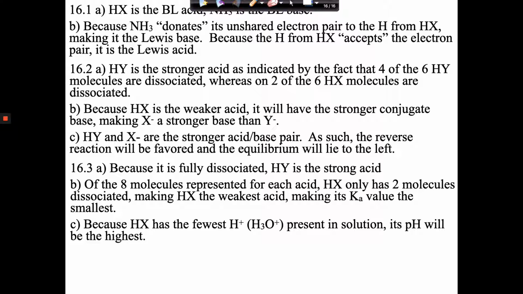And then guys, bases, they take in positives. So guess what they do with negatives? Give them away. So it's the opposite logic. We're going to leave that for now. But the idea is that if you can remember that electrons are the opposite of protons, then the electron direction is opposite the direction of Bronsted-Lowry for protons.